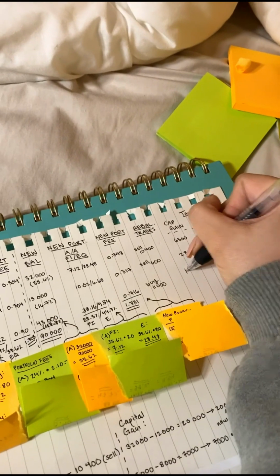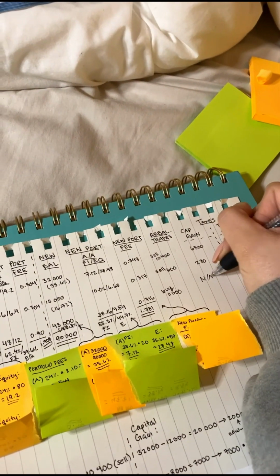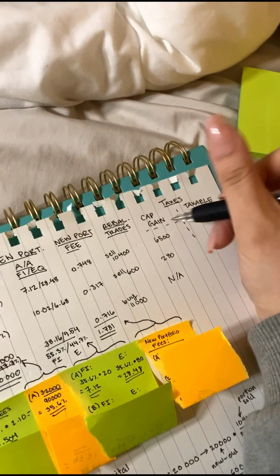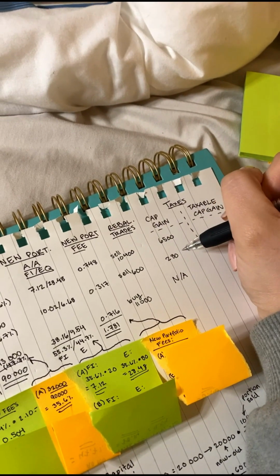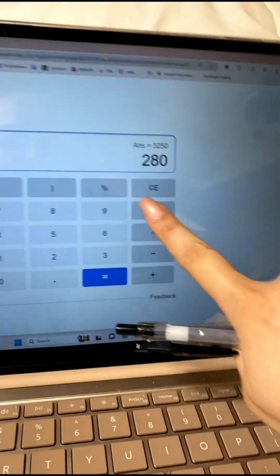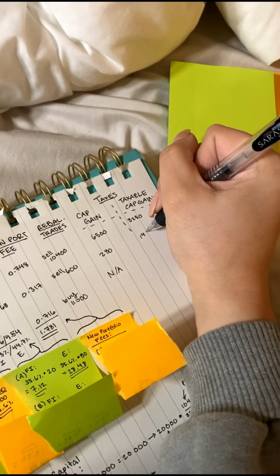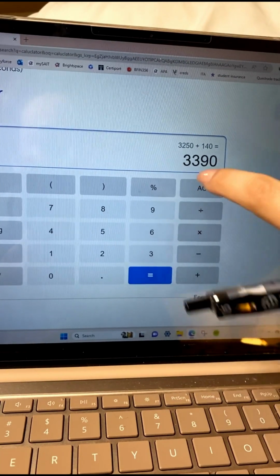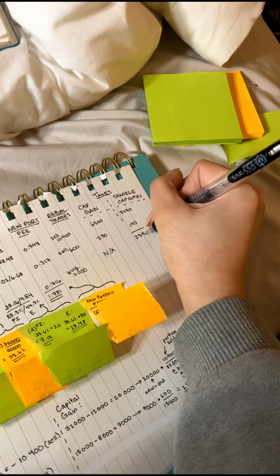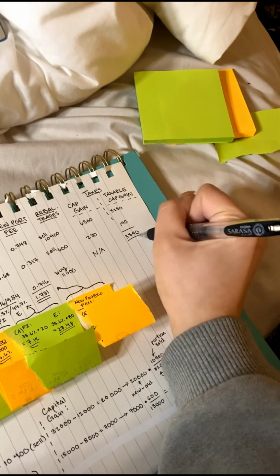And then there's no capital gain for the Fund C because to rebalance it, we needed to buy. And then for the taxable capital gain, it's just this divided by 2. $3,390 is going to be their total taxable capital gain.